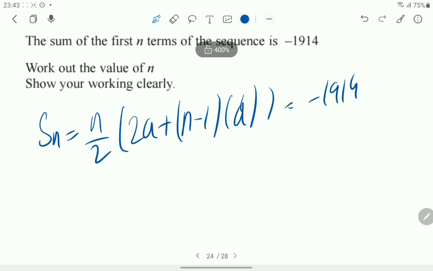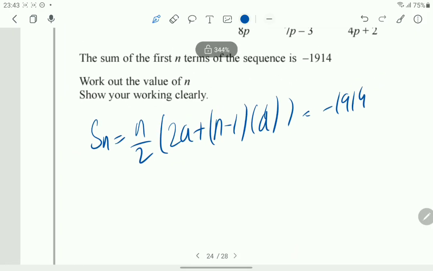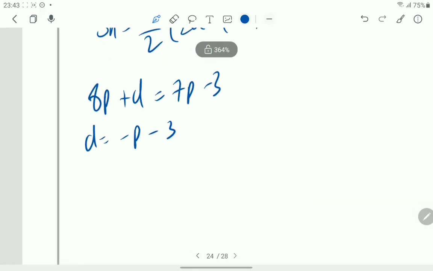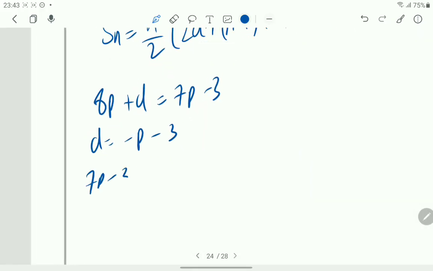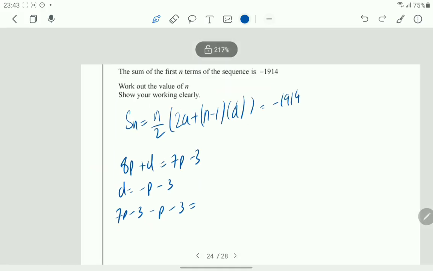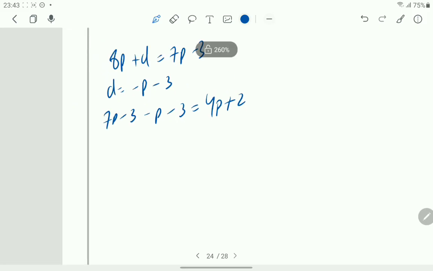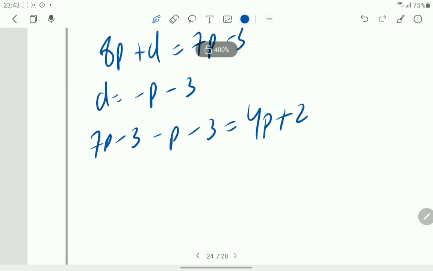So the first term is 8p, so 8p plus d should equal 7p minus 3. So d is equal to minus p minus 3, because this goes here and this is minus p minus 3. So 7p minus 3 minus p minus 3 should give us 4p plus 2, because we are adding the common difference to the second term to give us the third term.